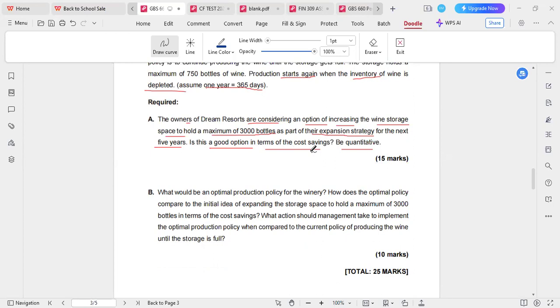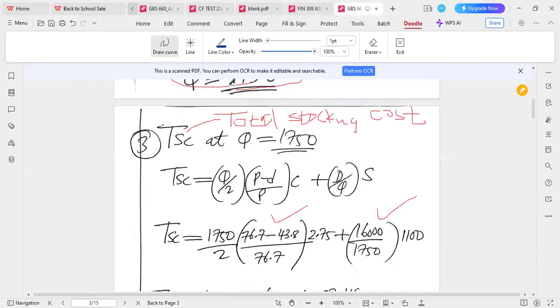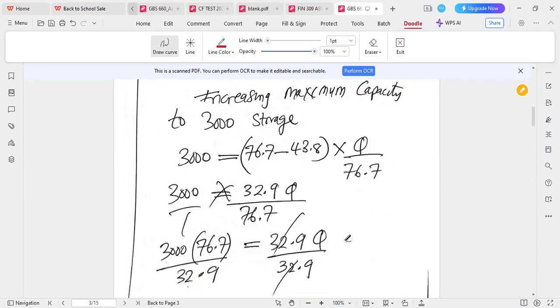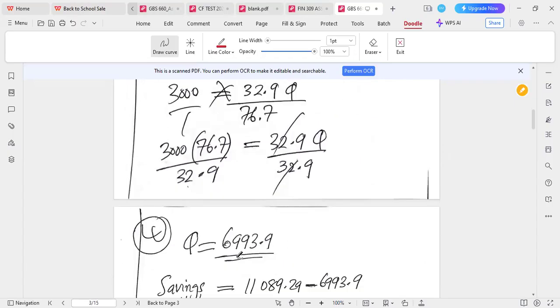So we need to find what will be the total stocking cost when we increase the maximum capacity to 3,000. Increasing capacity to 3,000, using the maximum inventory level formula, the value of Q in this case is 6993.9.